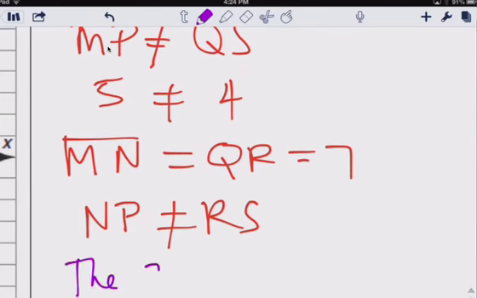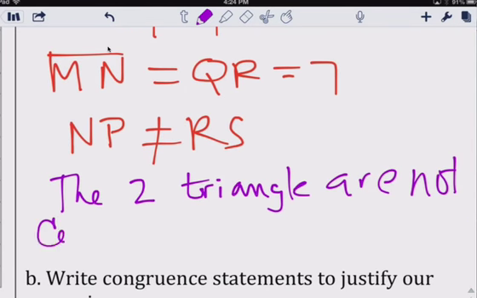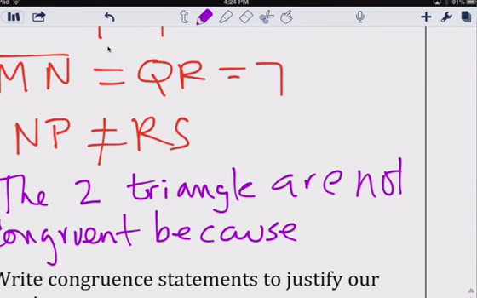The two triangles are not congruent because all sides do not have the same length.